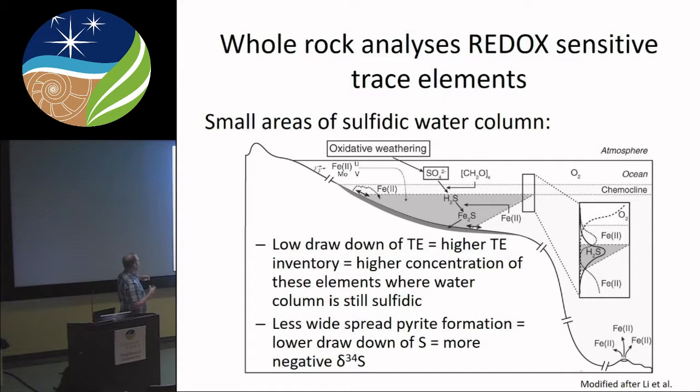Whereas if we increase oxygen and therefore decrease the footprint of sulfidic water column, there's going to be less drawdown. So the areas that are still sulfidic are going to be higher in these redox-sensitive trace elements. And for a modern day example, the Cariaco Basin has quite high molybdenum contents because most of the ocean is oxygenated, and this is an area where we have a reducing water column and are drawing down molybdenum.